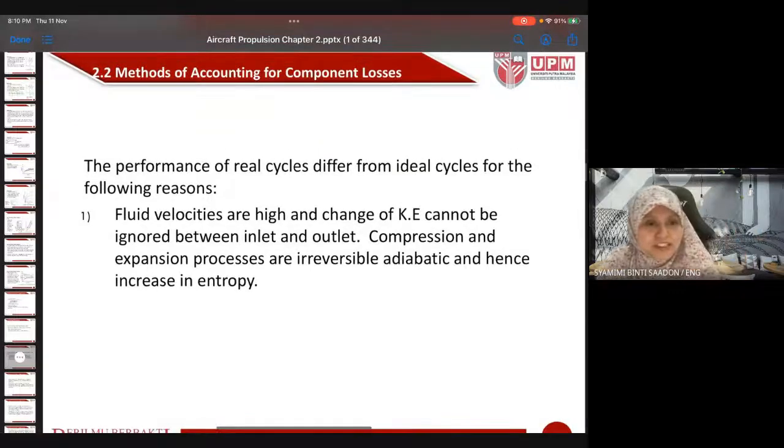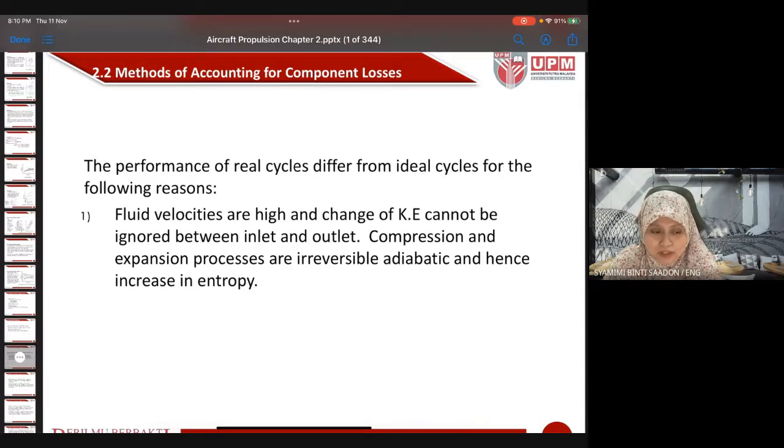The assumption that we made just now: the performance of actual cycles differs from ideal cycles for the following reasons. Fluid velocities are high and the change of kinetic energy cannot be ignored between inlet and outlet of compression, and the processes are irreversible, adiabatic, and hence there is an increase in entropy. One of the six assumptions that we made is that in the ideal cycle there is no change in kinetic energy.